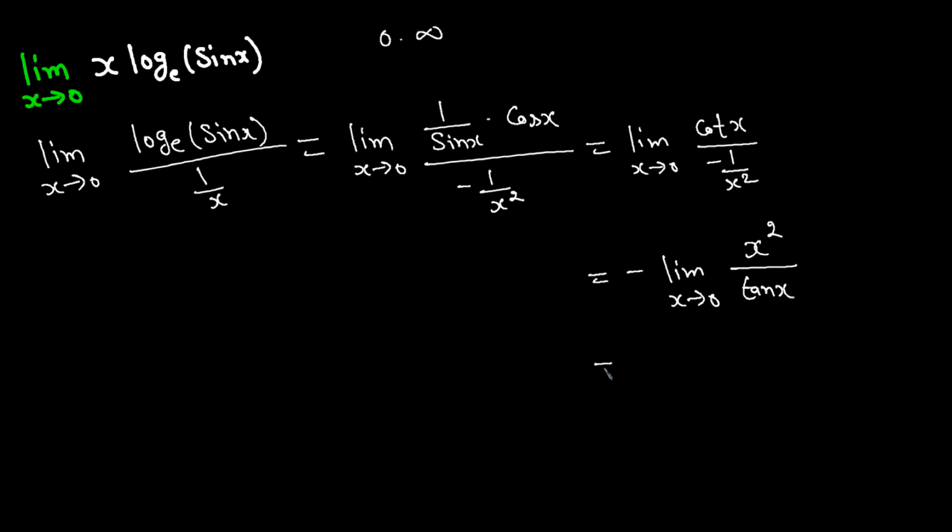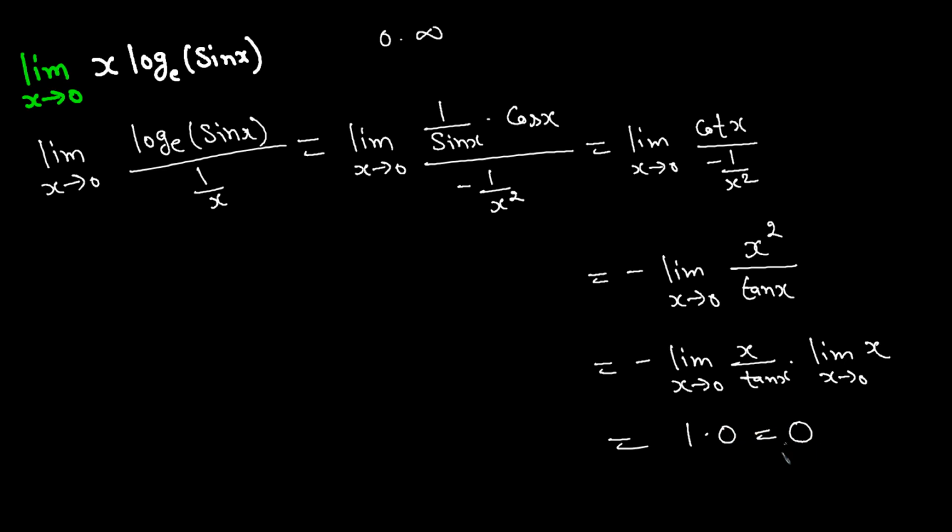So this is basically minus limit x approaches 0 of x over tangent x, times limit x approaches 0 of x. I just wrote this x squared as 2 x's over here. So this part gives me 1 from the standard formula, and this gives me 0. So basically the answer is equal to 0.